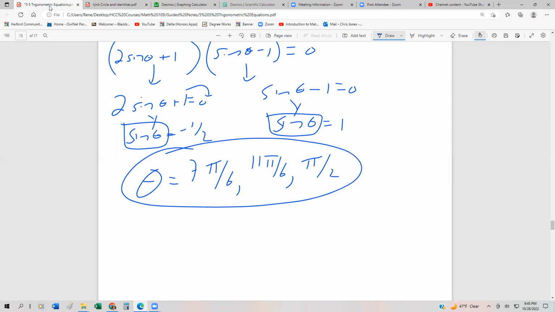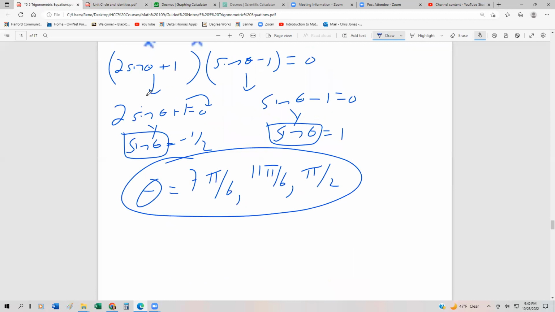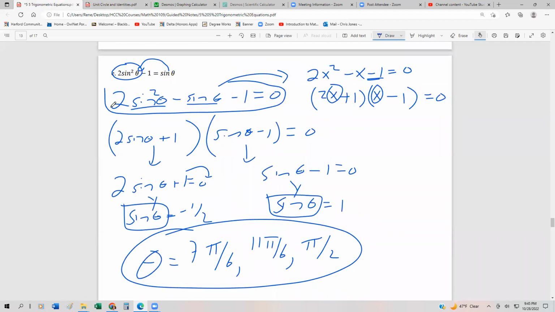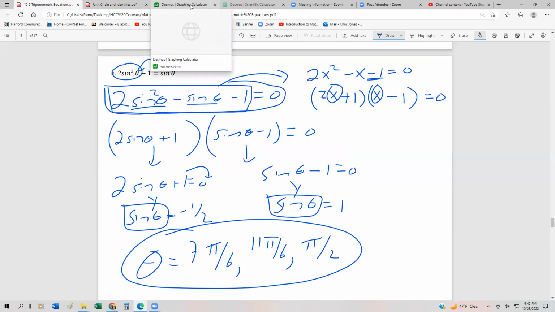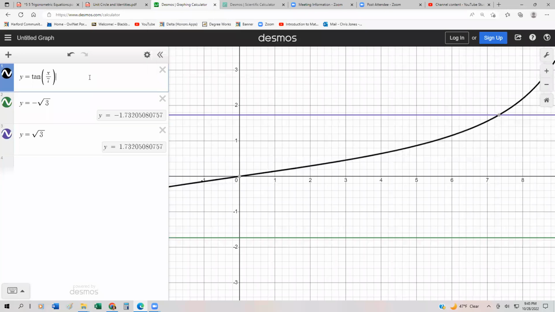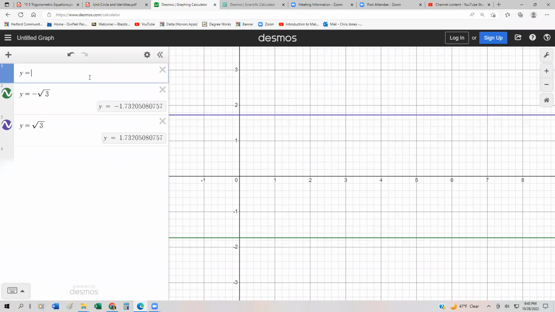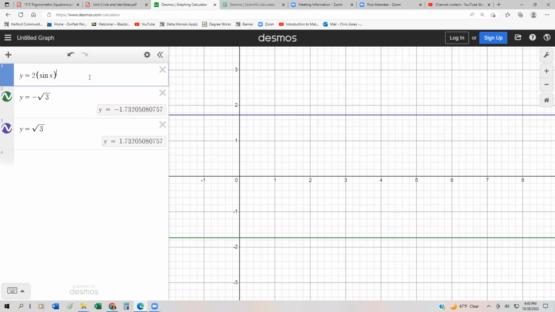Now, of course, if we don't trust this, we could just plot this and see what the graph looks like, and then see where it crosses the x-axis. So let's just do that to verify. We have our 2 sine squared, so I just put sine of x and square it.